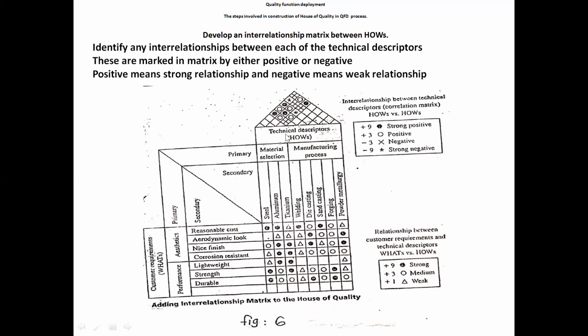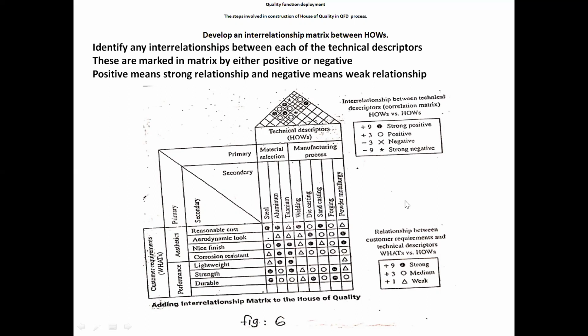Titanium it is negative, like that. Then steel versus welding, steel versus die casting, steel versus sand casting, steel versus forging, steel versus powder metallurgy. So these are the lines. Aluminum versus welding, die casting, sand casting, forging, powder metallurgy, second line. Then titanium versus all the processes, it is the third line.